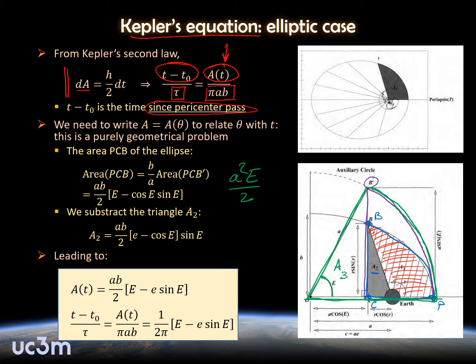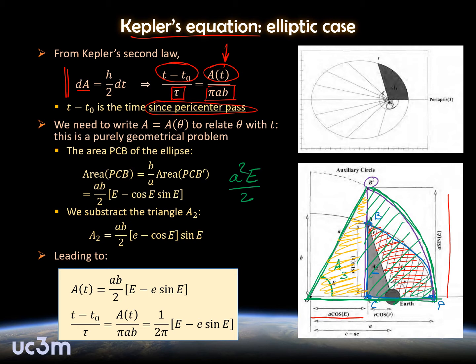If we want just this part over here, we need to subtract this triangle. Lucky for us, the area of the triangle is very straightforward: we know the base and the height, and we just have to use that.